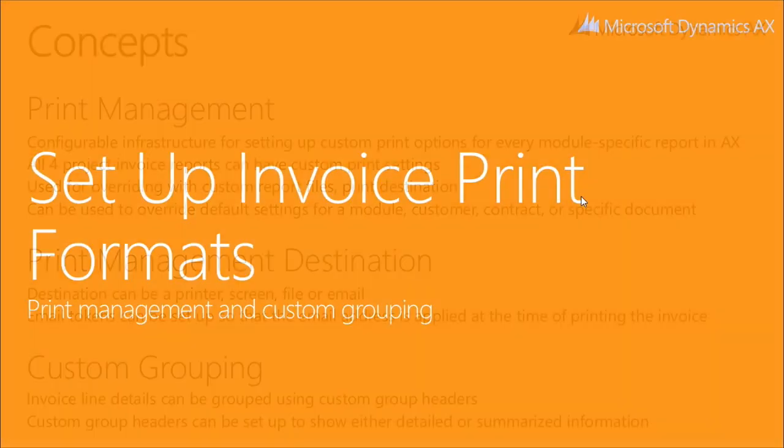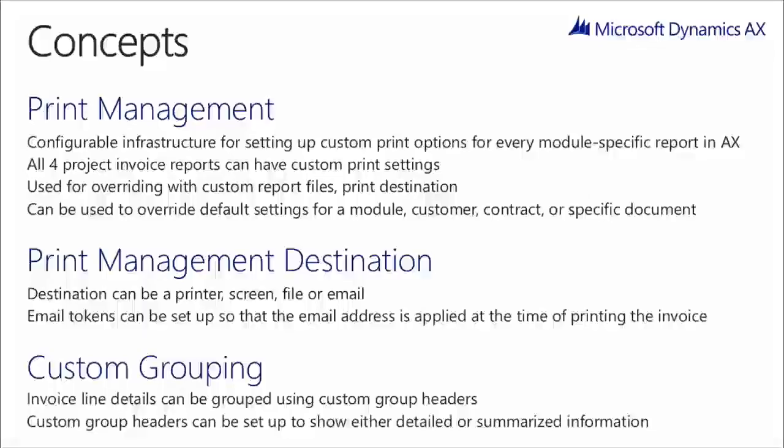Let's review some of the concepts we have. Print management is a configurable infrastructure where you can specify your custom report and specify a particular mode of transmission or print destination, and it has multiple levels of defaulting where you set it up for a module, a customer, a contract, or a specific invoice document. With the destination, you can send it to either a printer, screen, file, or email, and email tokens can be set up so that you can send it to all addresses with that purpose.